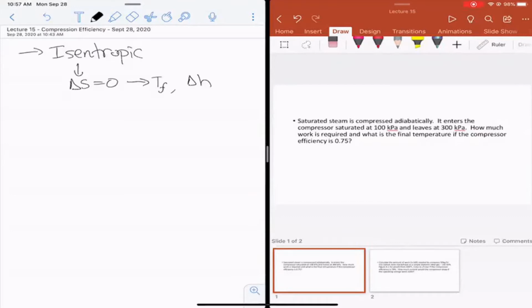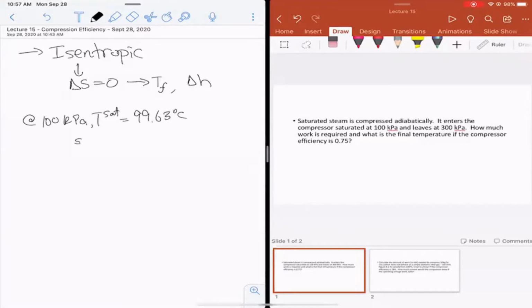So we know that steam is going to enter the compressor saturated at 100 kilopascals. And if you go to the saturated steam tables at 100 kilopascals and at its saturated condition, which is, by the way, 99.63 degrees C, we know the value for the entropy.